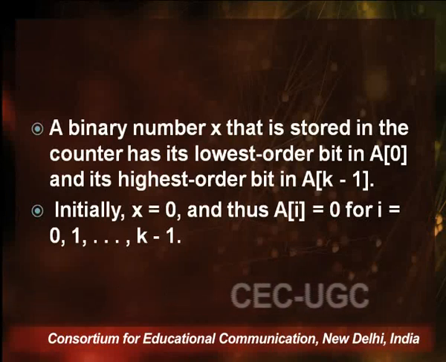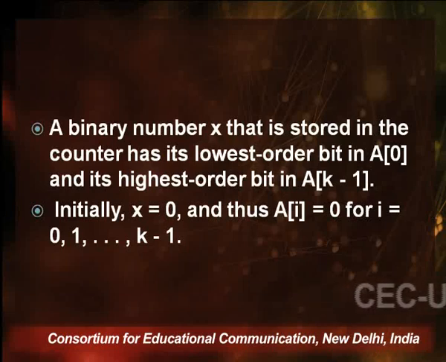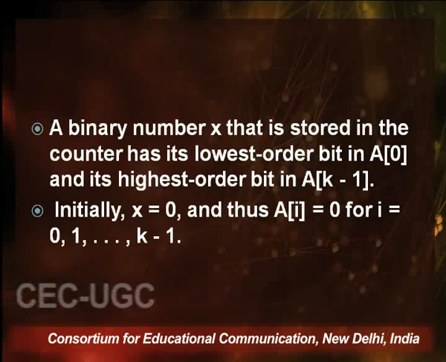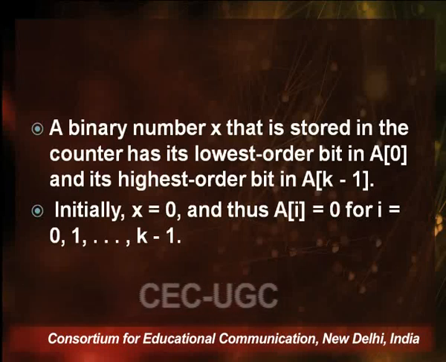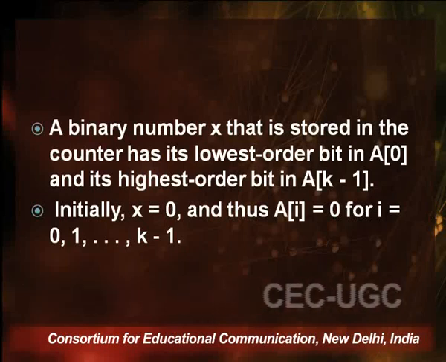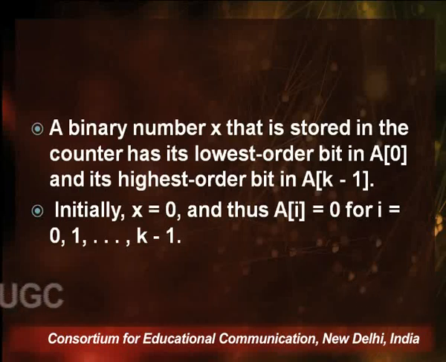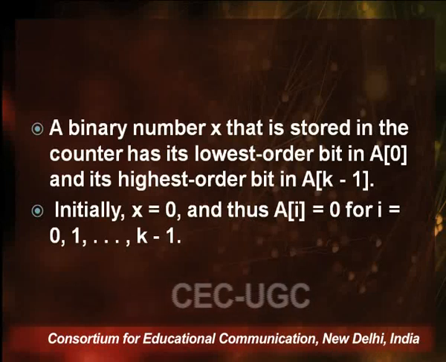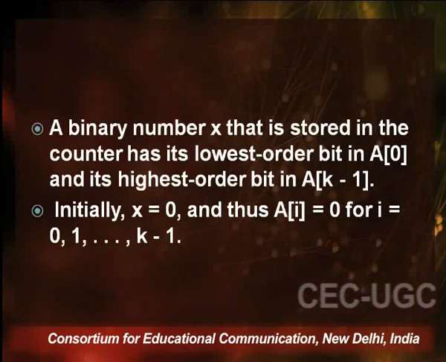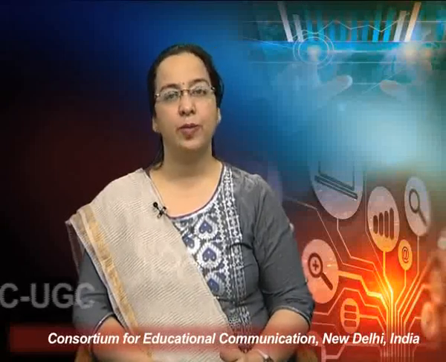Initially the number x is 0, and thus A[i] is 0 for all i ranging from 0 to k minus 1. Each and every bit is 0.